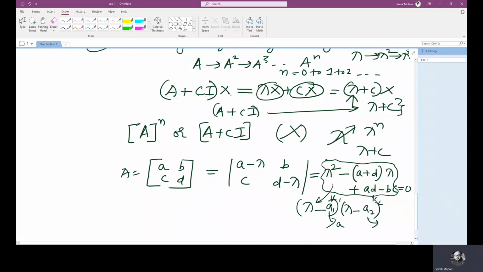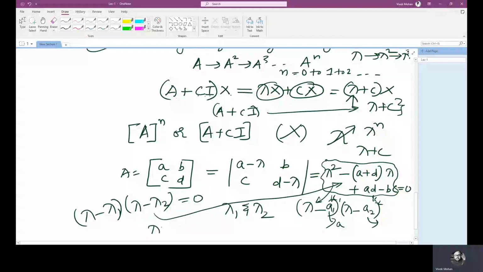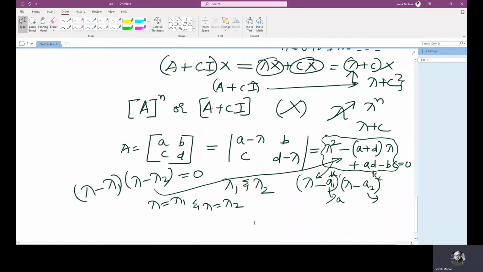As this is a 2 by 2 matrix, the solutions for the eigenvalues will be lambda 1 and lambda 2. So if we write lambda minus lambda 1 into lambda minus lambda 2 equals 0, the solutions will be lambda equal to lambda 1 and lambda equal to lambda 2. So these will be the eigenvalues.